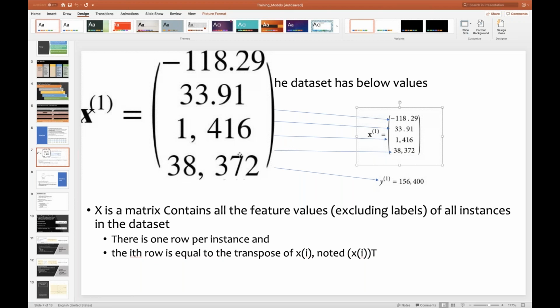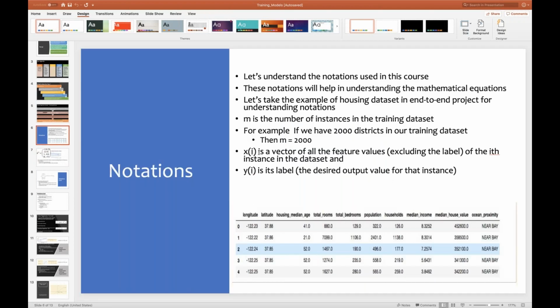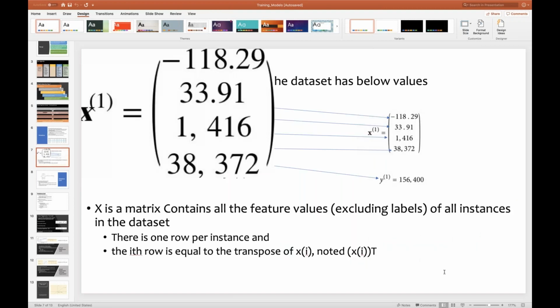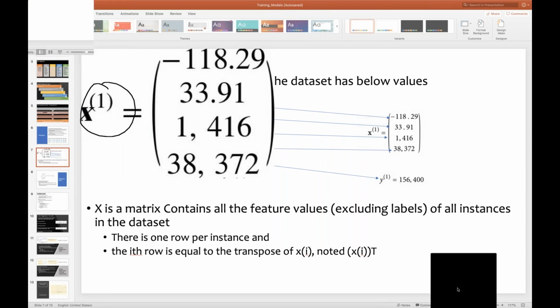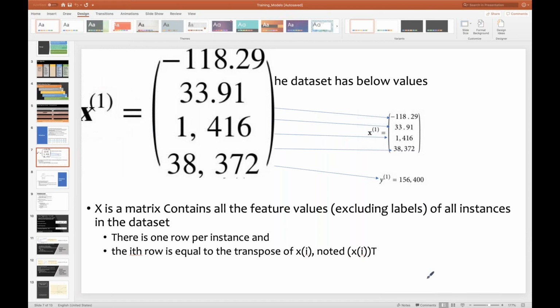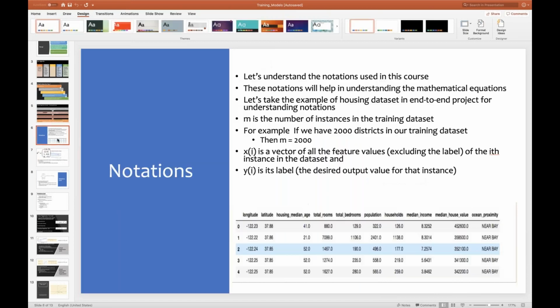Now try to link. Here, what am I talking about? I'm talking about a vector. So what is this vector? This vector is this bit. Okay. Now, what I want you to understand carefully is, go back here.